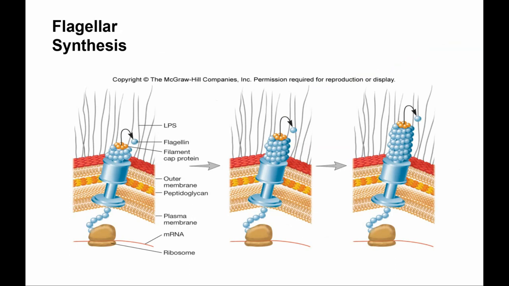Now, one last thing about this: how is the filament formed? Individual filament subunits are translocated up the inside of the filament, and they are added onto the distal end. So this looks like what we just saw in pili. Type 3 or type 4?